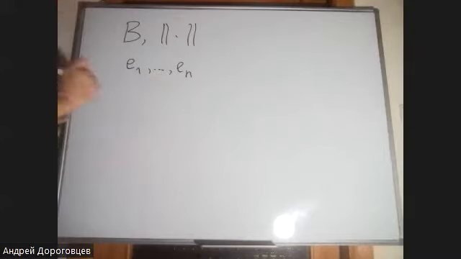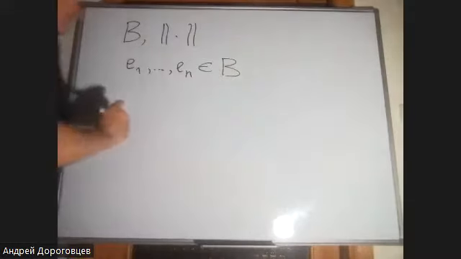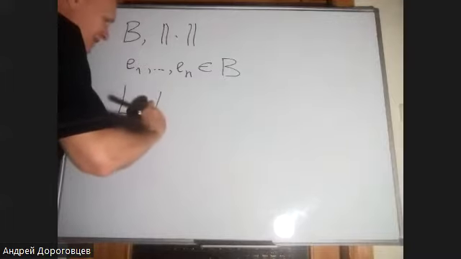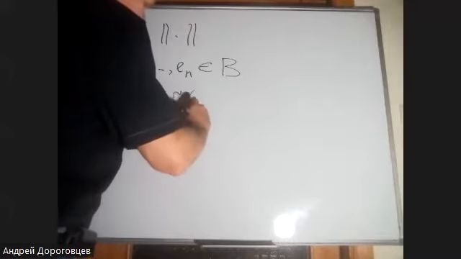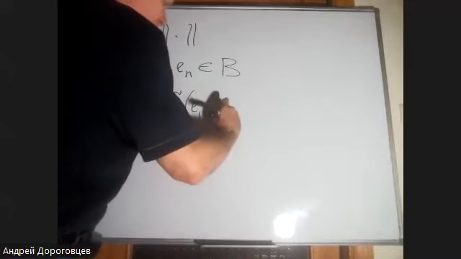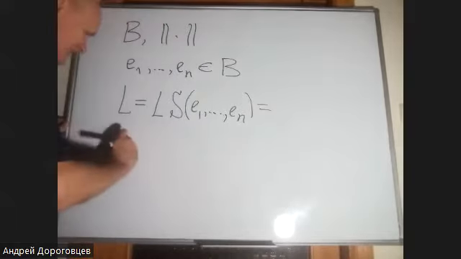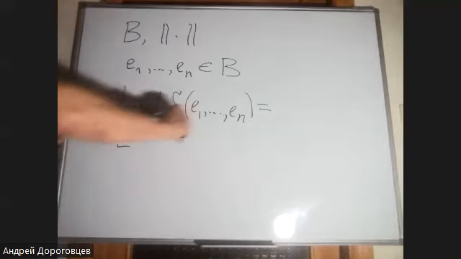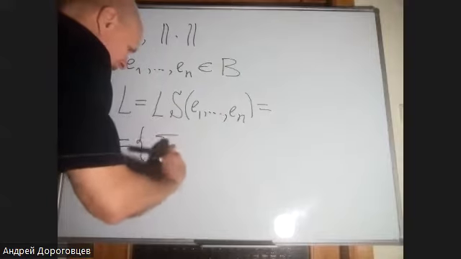These are some elements of B. We will consider L, which is a linear span of these elements. This is a set of all possible linear combinations of these elements.